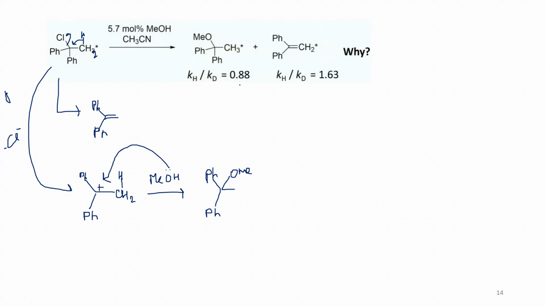So in the substitution reaction, this means that our CH bond is not getting broken at the rate determining step, whereas in this case, our CH is getting broken at the rate determining step. From the mechanism you can see this one is the rate determining step, so very easily you can determine that the CH bond is involved at the rate determining step. That's why it will show a high kinetic isotope effect.